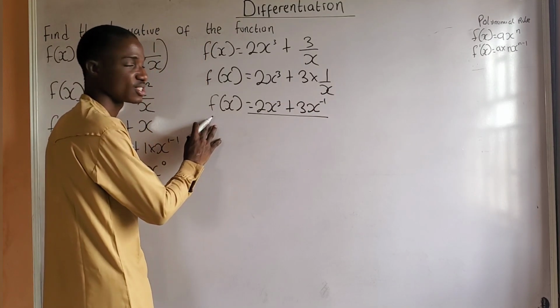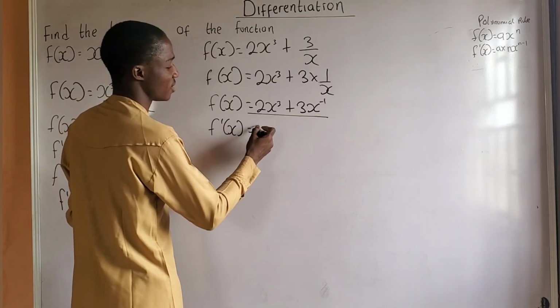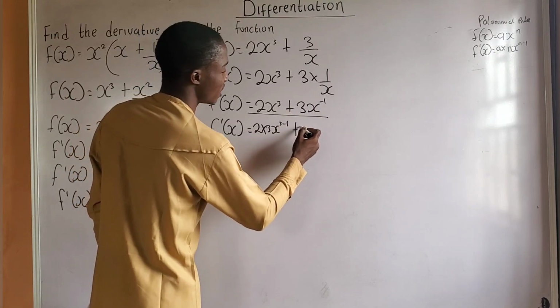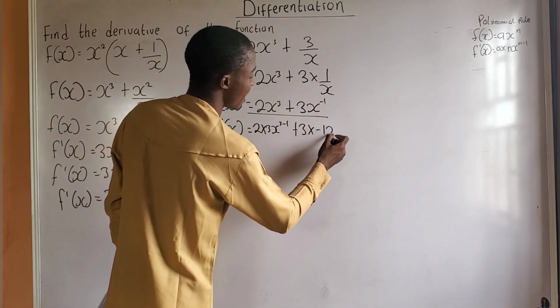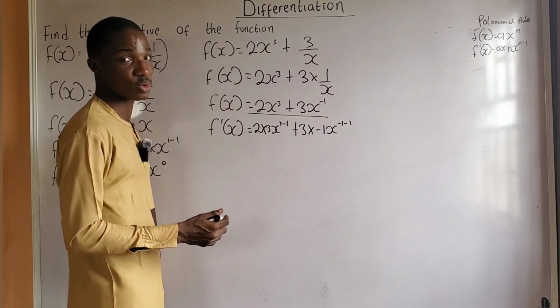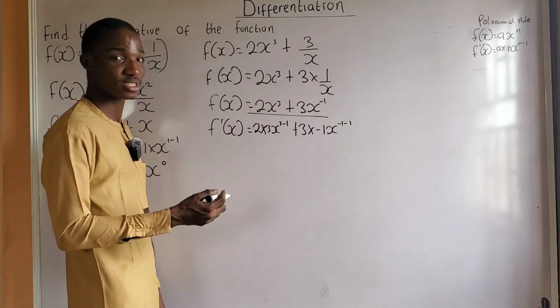Now let us differentiate. The derivative of f of x will be equal to 2 times 3x to the power of 3 minus 1 plus 3 times negative 1x raised to the power of negative 1 minus 1. Are you getting it? Because you are going to subtract 1 from the power. It doesn't matter whether the power is negative or positive, okay?